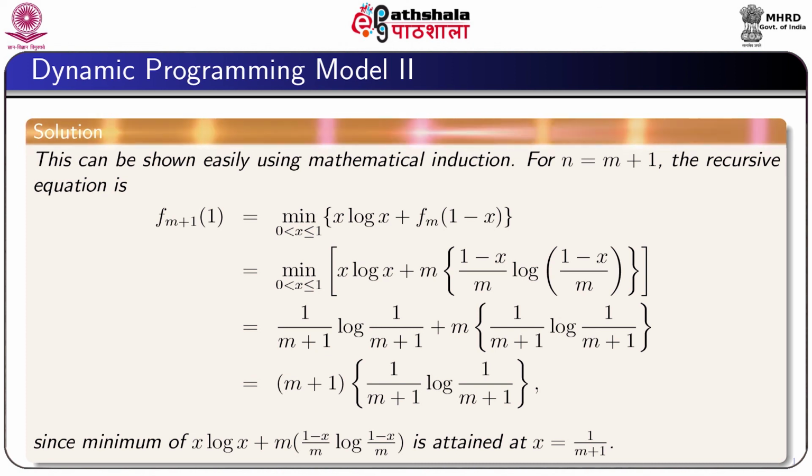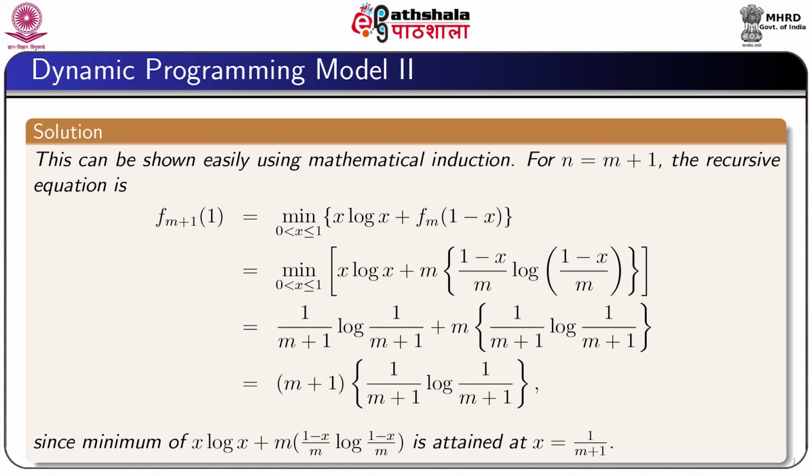For n equal to m plus 1, the recursive equation becomes f(m plus 1)(1) equal to minimum of x log x plus fm(1 minus x), where 0 less than x less than or equal to 1, which is equal to minimum of x log x plus m into ((1 minus x) by m) log ((1 minus x) by m).